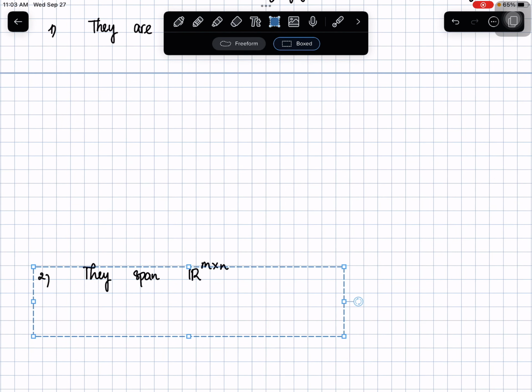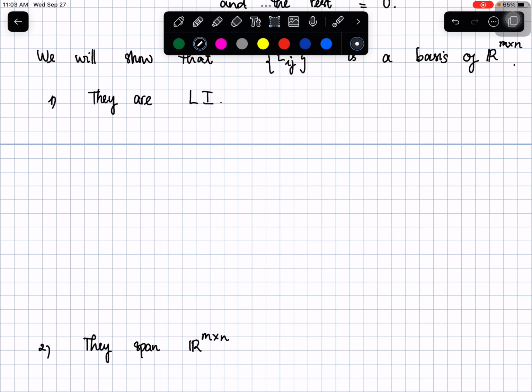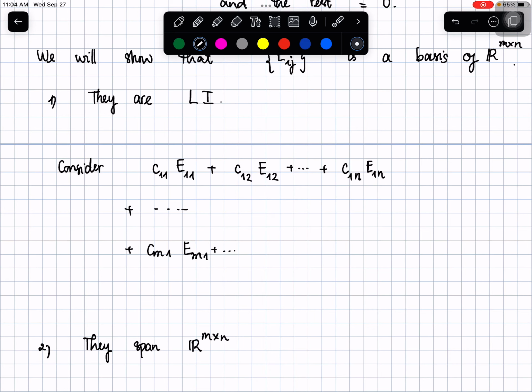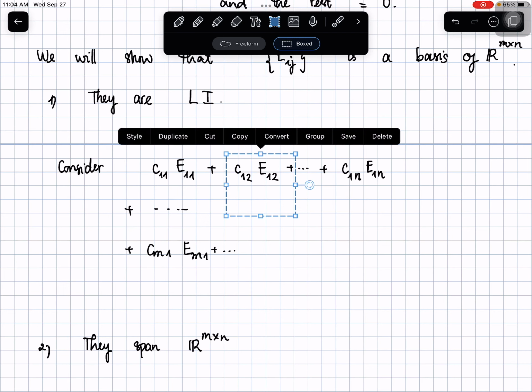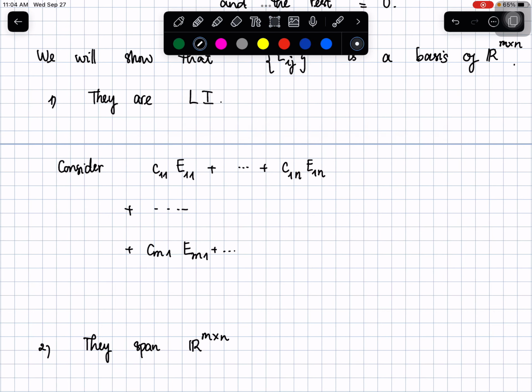So for linear independence, we always start by considering the equation c11 E11 plus c12 E12, up to c1n E1n, plus c21 E21 up to c2n E2n, and so on, up to cm1 Em1, plus cmn Emn.